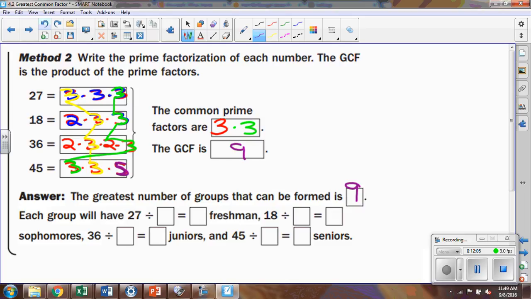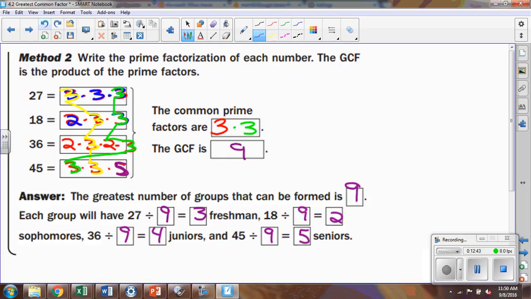Well, when we take the 27 freshmen split up amongst 9 groups, how many freshmen are in each group? 27 divided by 9 gives us 3 freshmen per group. 18 sophomores split up amongst 9 groups would give us 2 sophomores per group. 36 divided by 9 gives us 4 juniors per group. And 45 divided by 9 gives us 5 seniors per group.